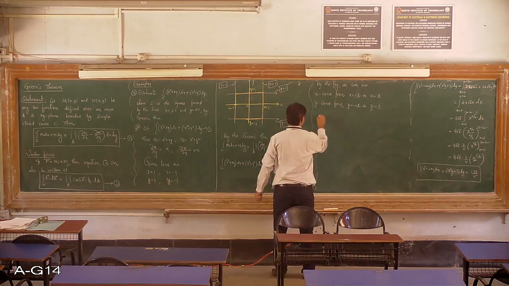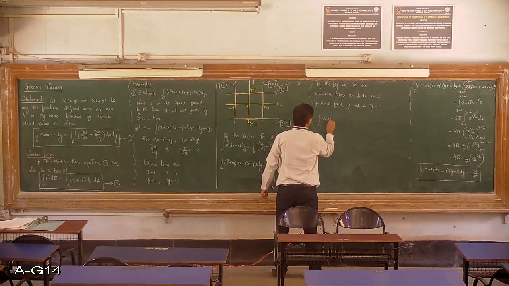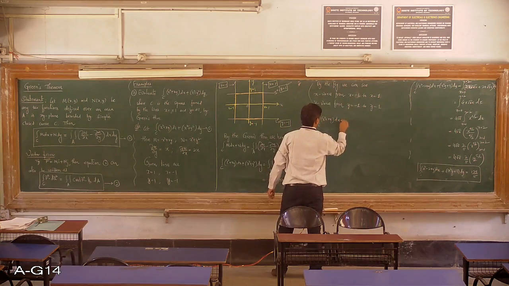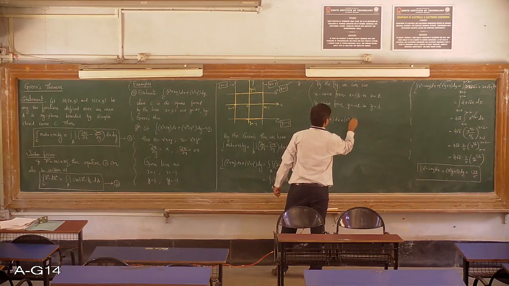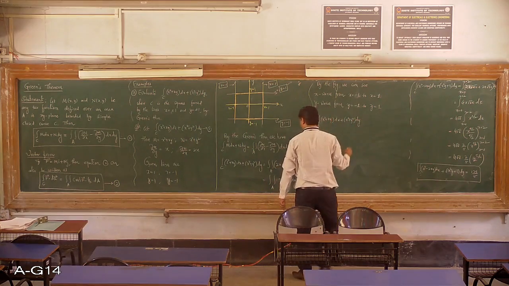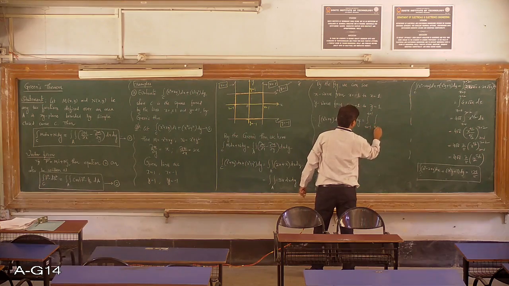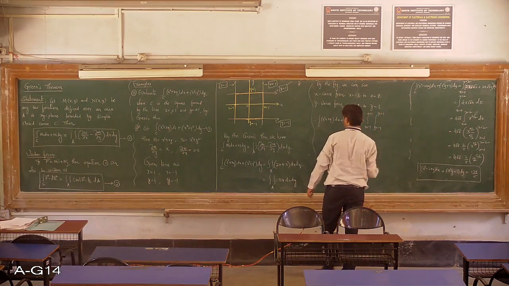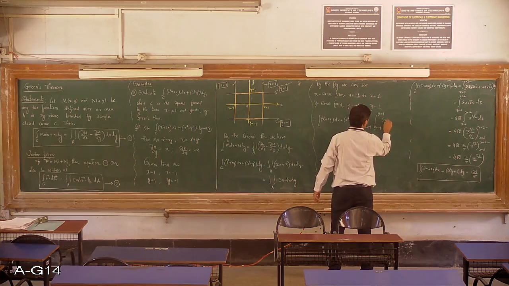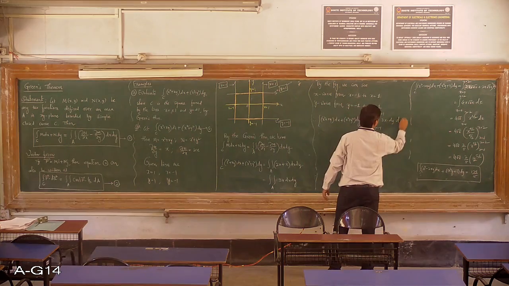Therefore the integration over curve C of x square plus xy dx plus x square plus y square dy is equal to, x from -1 to +1, y from -1 to +1, 3 times x into dy into dx.